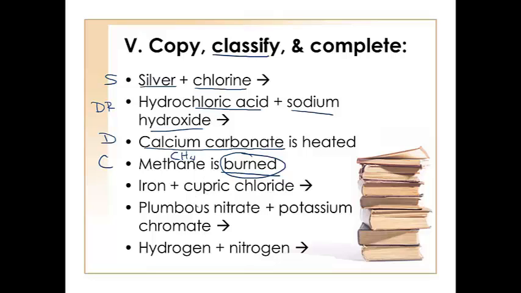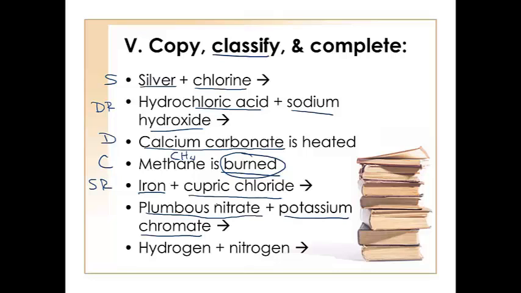Next one, iron plus cupric chloride. Pure element, compound. That makes it single replacement. Before you go on, make sure you check the activity series. Next one, plumbous nitrate and potassium chromate. Ionic compound, ionic compound. Two reactants, both compounds.